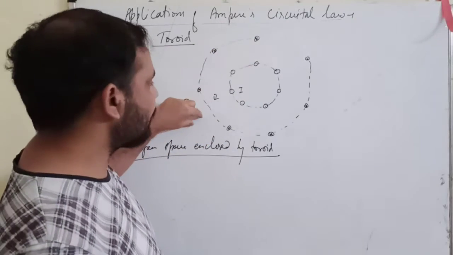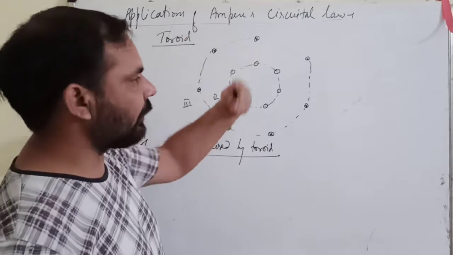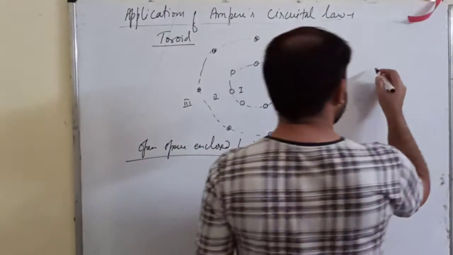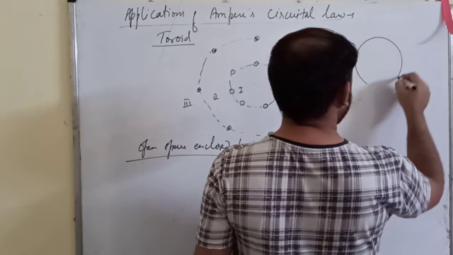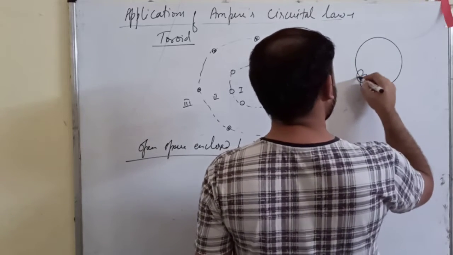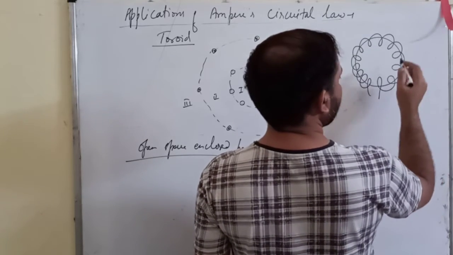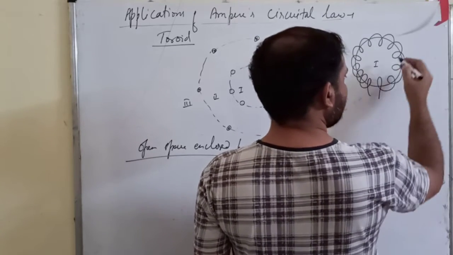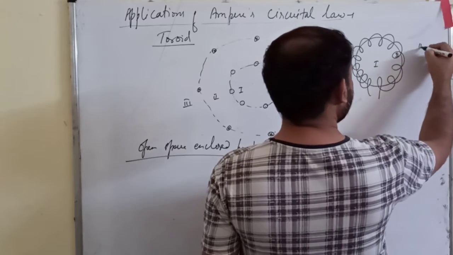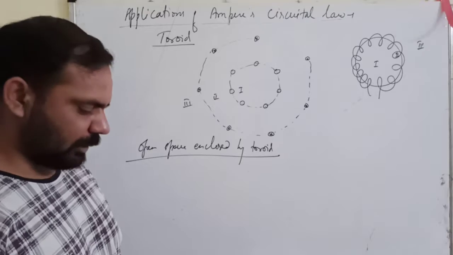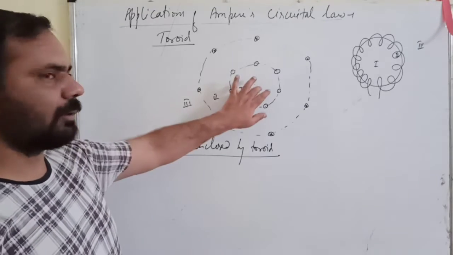The third region is the region exterior to the toroid, the open space outside. If you have a circular ring, suppose the first region is this, the second region is this, and the third is this one outside. First of all, we will find the magnetic field in this region.